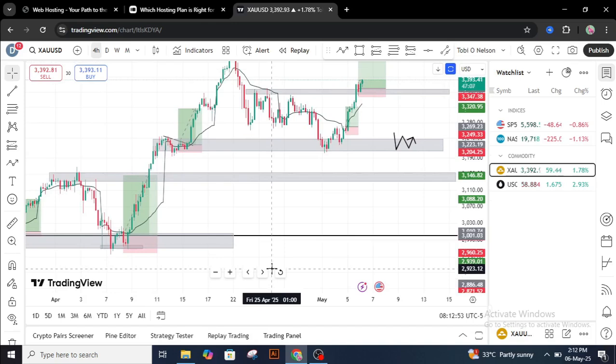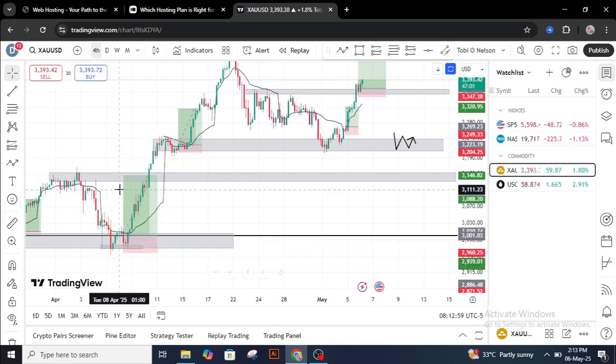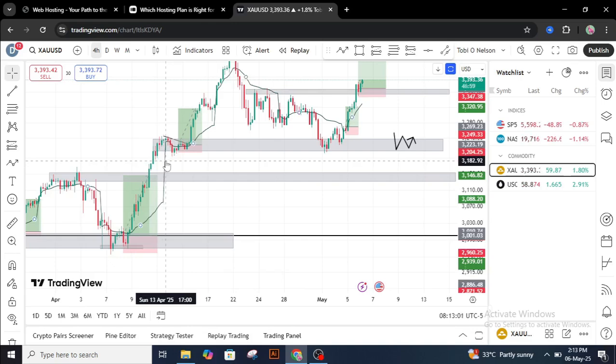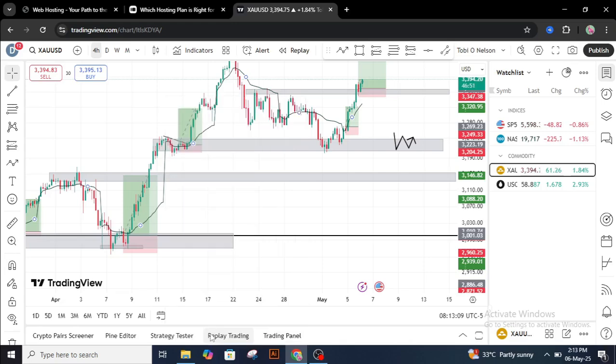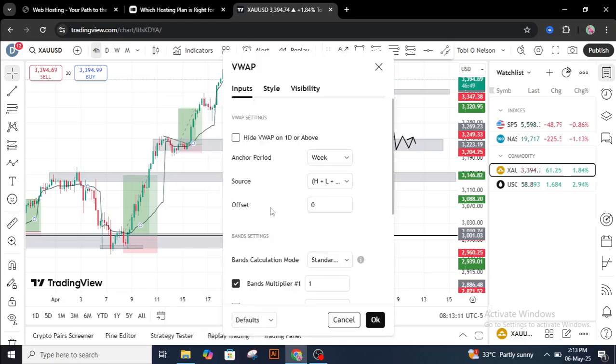But there's one thing you need to understand about this VWAP. This setting is different from the usual setting. So when you install VWAP and you come to settings, what you want to change is this anchor period.